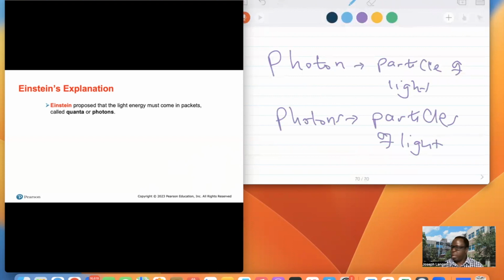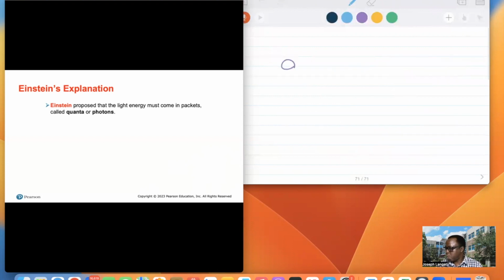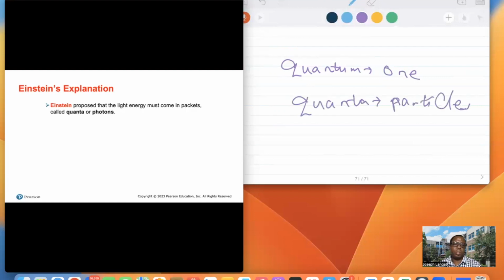Photons are many, we call these particles of light. And then you have to understand quantum is one. Quanta, as in A, these are many, or particles. So when you look at quantum, it's one, or photon.